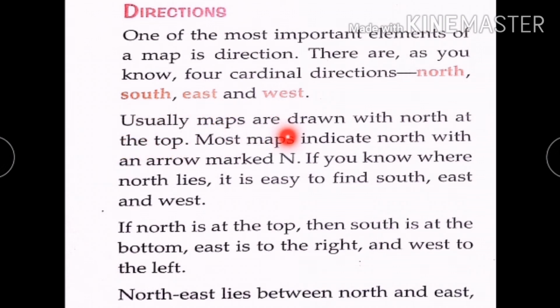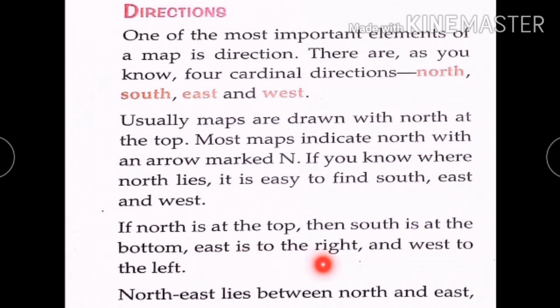Usually, maps are drawn with north at the top. Most maps indicate north with an arrow marked N. If you know where north lies, it is easy to find south, east and west. If north is at the top, then south is at the bottom.